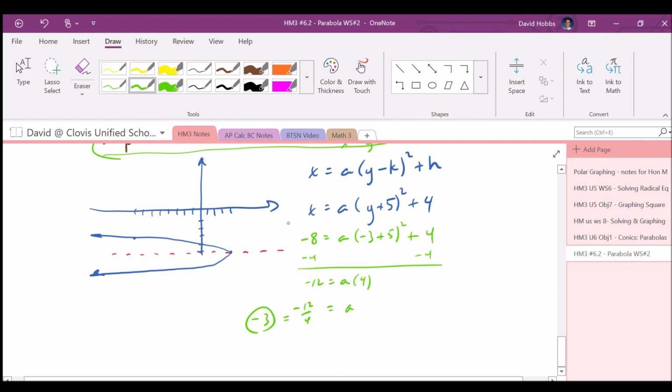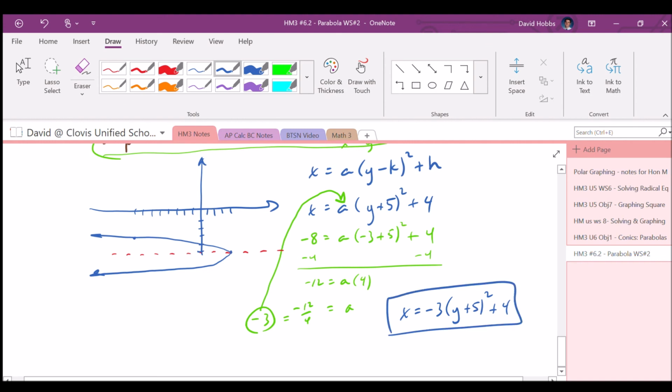And so if we plug that in for the a value, we will have equation x equals negative 3 times y plus 5 quantity squared plus 4. And there's the equation, which seems to make sense, because if I went one point to either side of the vertex, and if I go 3 to the left, then that seems about right for this equation.